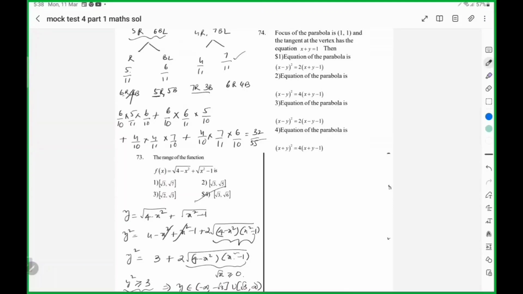Here, the focus of the parabola. He has given the focus of the parabola as 1 comma 1, and instead of giving the directrix he has given the tangent at the vertex.